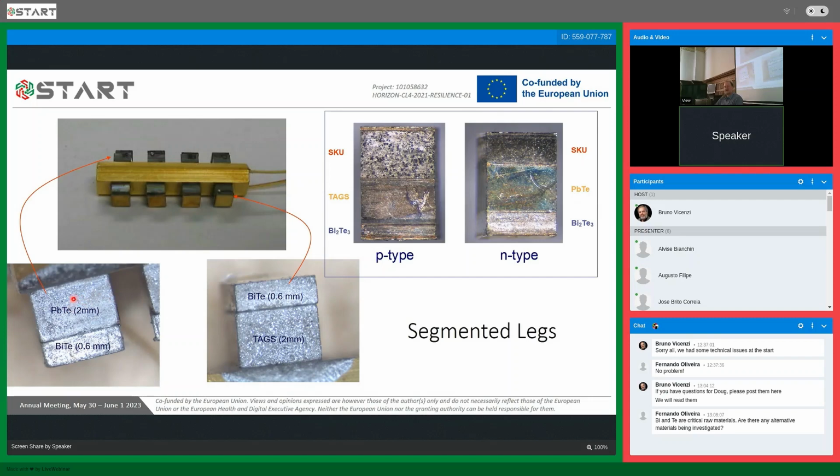Lead telluride is another material that has historically been used. TAGS is made up of silver and germanium, and other materials, and it's only a P-type material. Skutterudite is another material that is cobalt and antimony based, along with a variety of others.